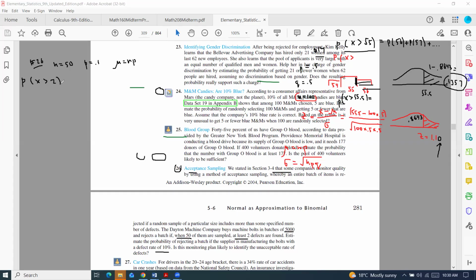The old way, we would say, is the probability of 2 or 3 or 4 or 5 defectives. Oh, at least 2, not more than 2, so it's greater than or equal to 2, right? So are you going to calculate all these probabilities? No, I'm going to use complements, like we did before. So it's 1 minus the probability that we had less than 2.